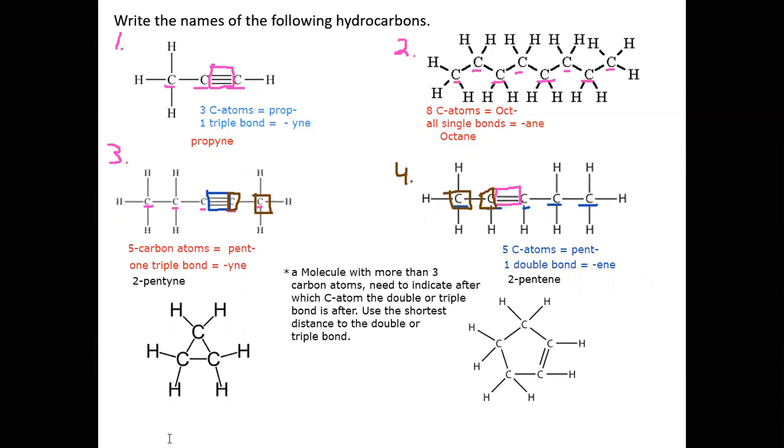Now I want to introduce something else as well, which is pertinent for hydrocarbons, in the following last examples, number 5 and number 6. So if we look at number 5, you see we have 3 carbon atoms.